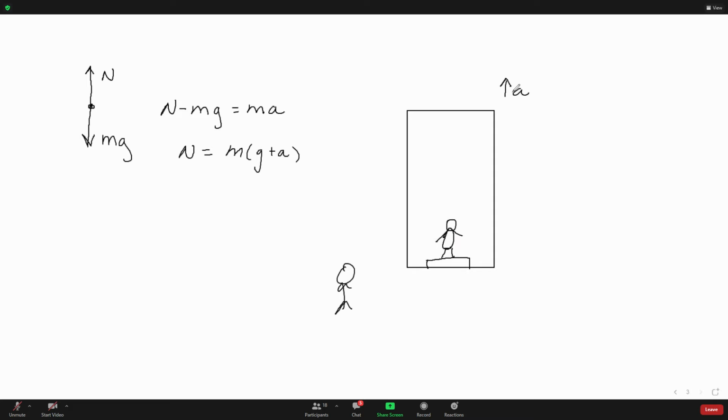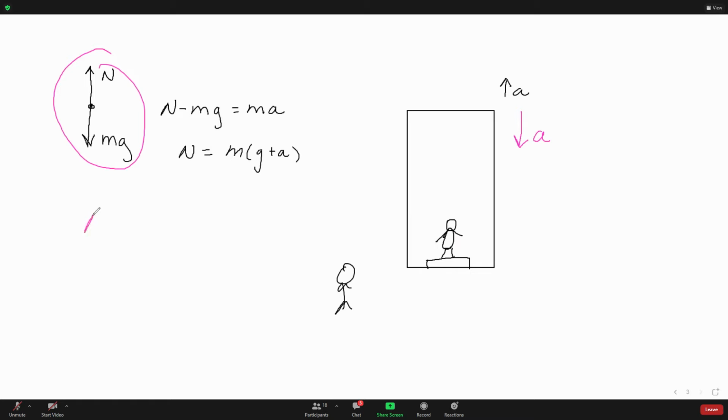Let's say now we do something different. Let's say now the acceleration is downward and equal to a. Well, we still have the same exact free body diagram.